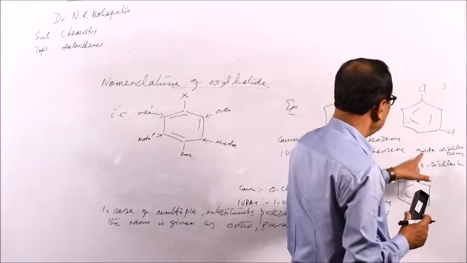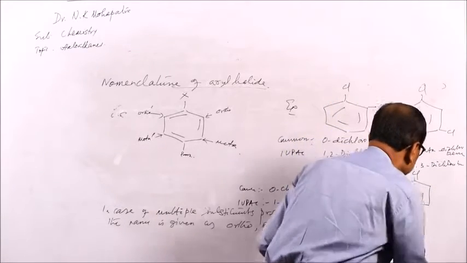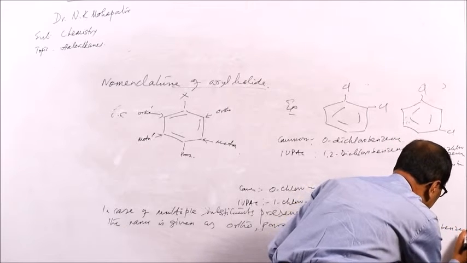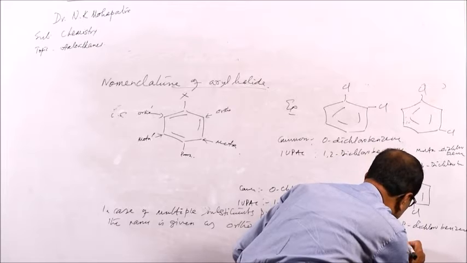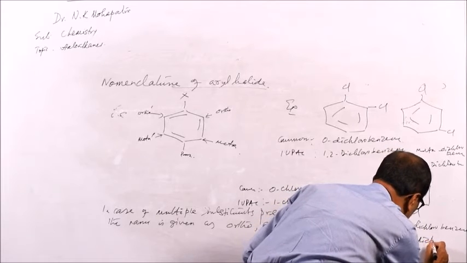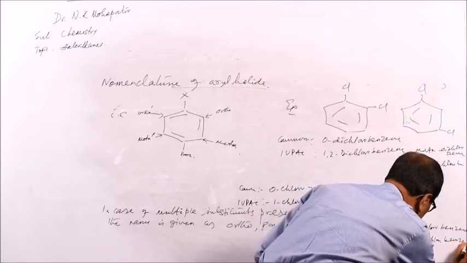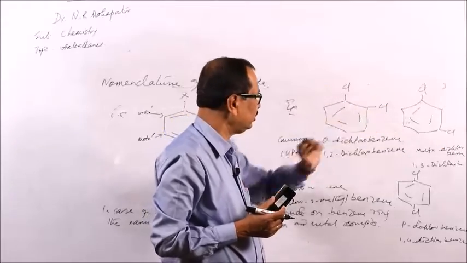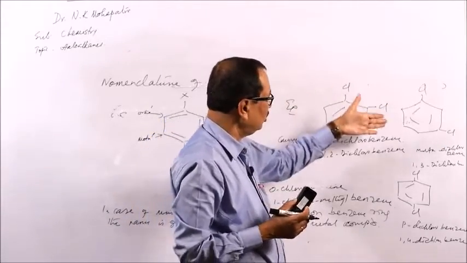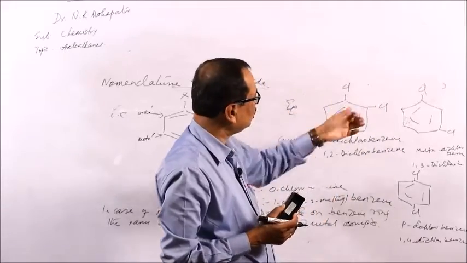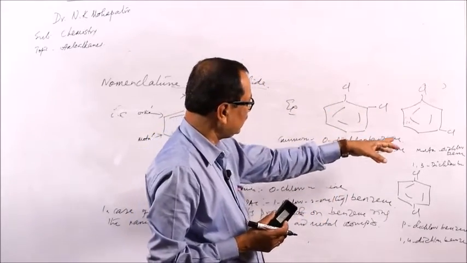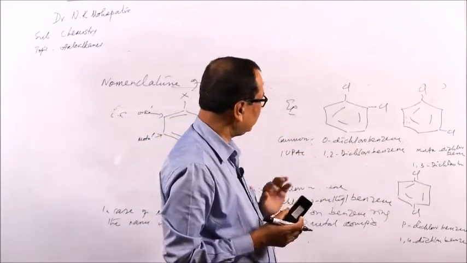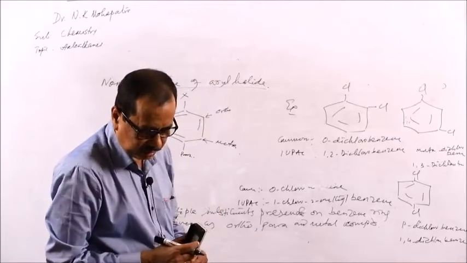O stands for ortho, M stands for meta, P stands for para, and according to IUPAC it is 1,4-dichlorobenzene. So aryl halides having more than one halogen atom on the benzene ring are named ortho, meta or para depending on the position, whereas according to the IUPAC name it is 1,2, 1,3, 1,4. These are the nomenclature of aryl halogen compounds.